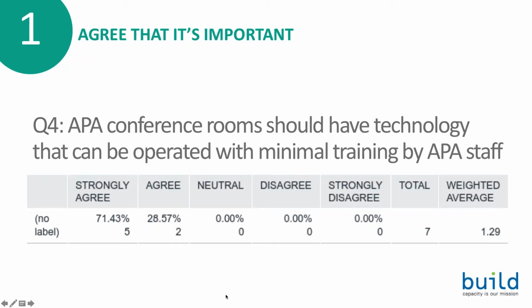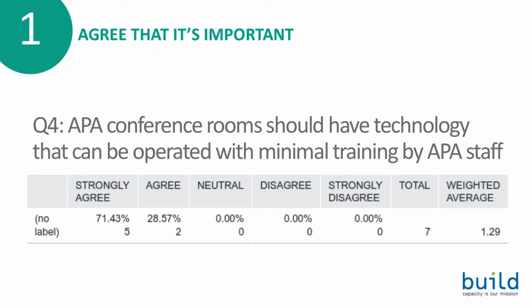The next question was about the extent to which staff should be able to operate the technology in conference rooms. I honestly had a hidden agenda with this question. I wanted to see what the expectations were around using IT staff. If the expectation was that we don't expect staff to be able to set conference rooms up, it would impact, one, the design of the system, but it also would impact the staffing levels and training needed for IT staff.